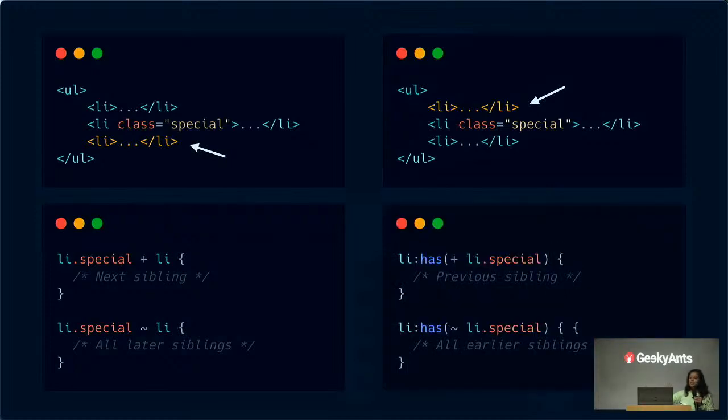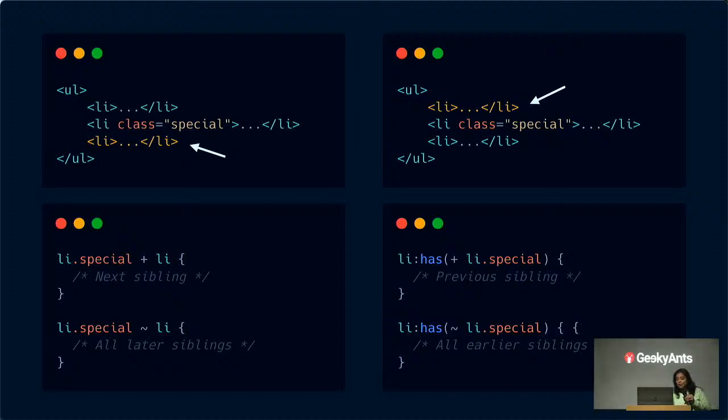But don't worry, if you compare it to what is on the left, you will see that it's pretty similar. It's possible to select a previous sibling using this hash selector, and this is how you do it.